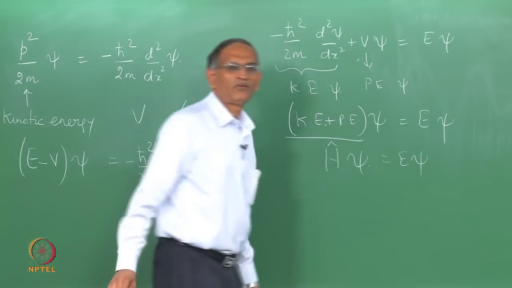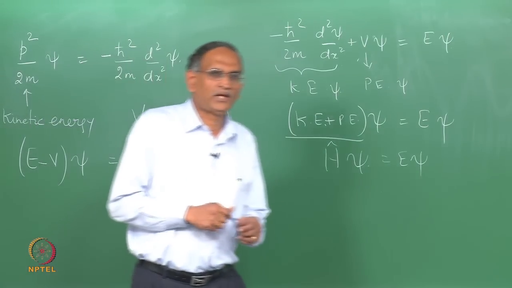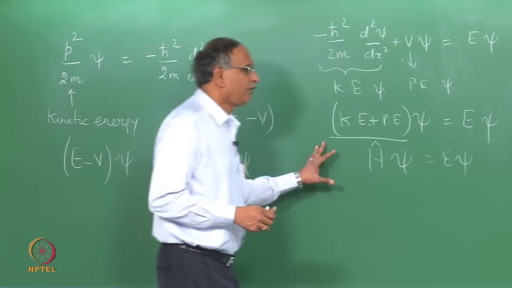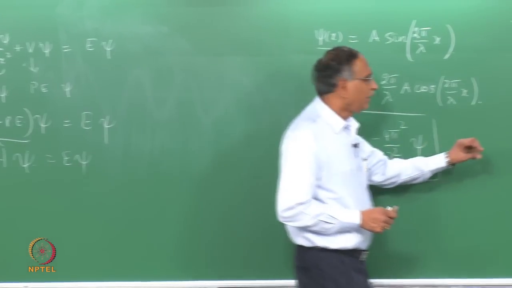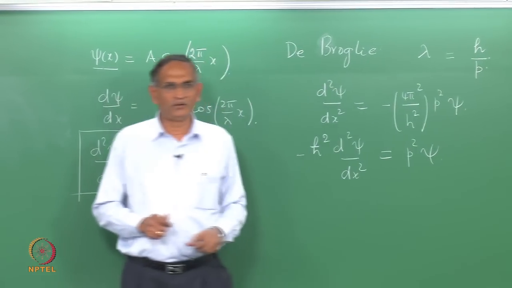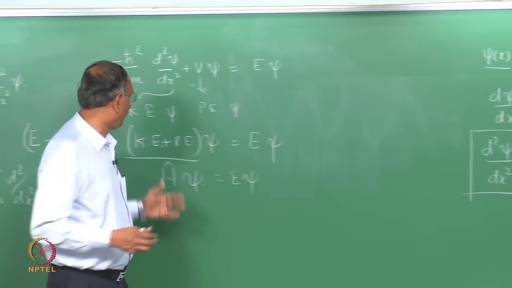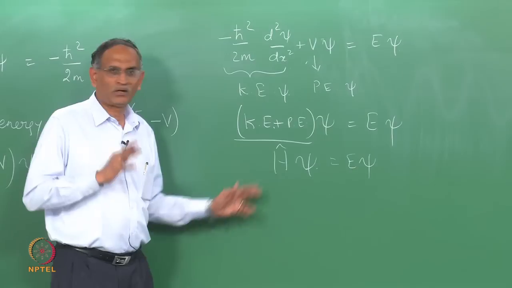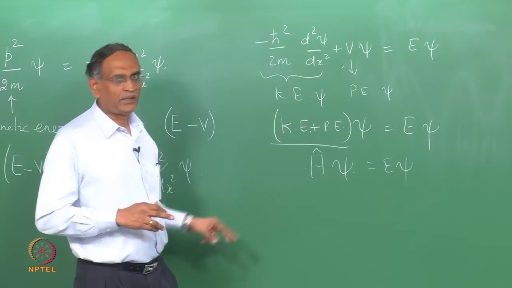This is a very simple justification. I don't think we can really say that we have derived it from any fundamental principles. It's a justification to see, from a simple standing wave picture and using the de Broglie proposition with Planck's constant, that the particle wave function satisfies the Hamiltonian equation. But the Hamiltonian looks somewhat odd. It has a derivative instead of the p squared by 2m that we have.